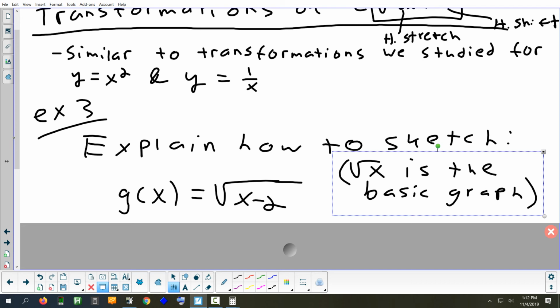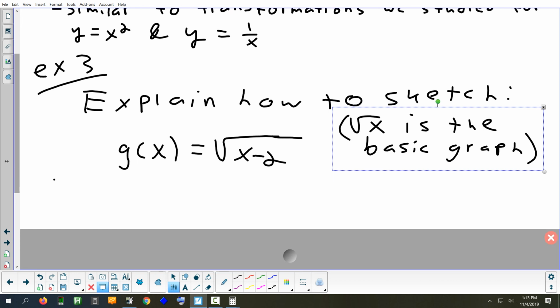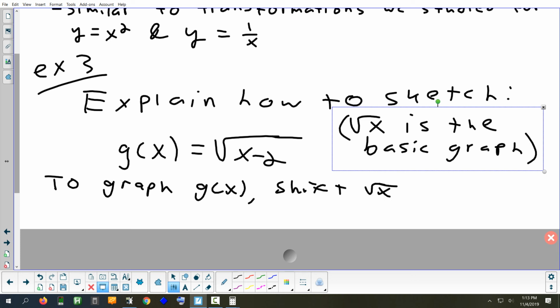Well, think about that minus 2. What's the minus 2 going to do? Horizontal stretch. I mean, shift. Which way? To the right. Yes. So, to graph g of x, shift square root of x right 2 units.